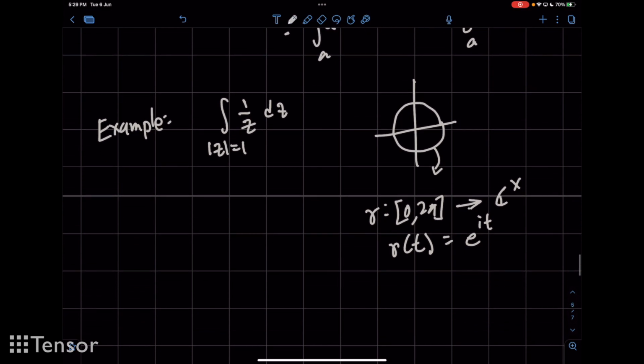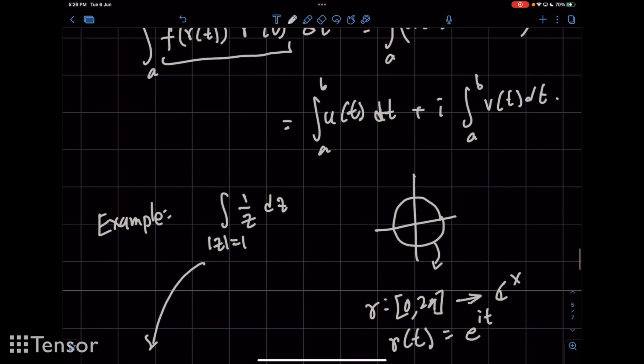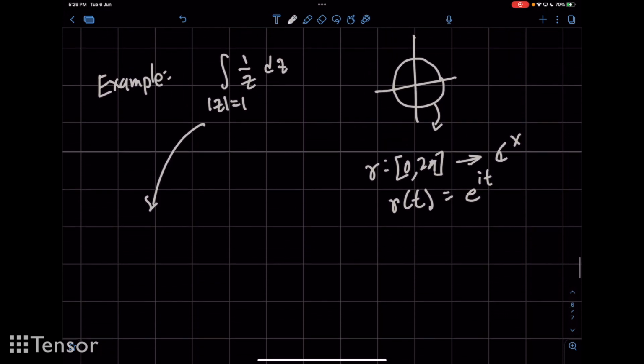If I use the definition, this becomes an integration from 0 to 2 pi. Here I shall have f of gamma of t. My f is 1 over z, so 1 over gamma of t. Gamma of t is e to the power it.